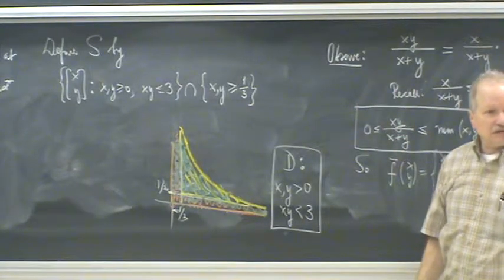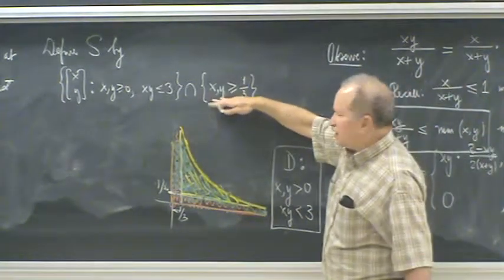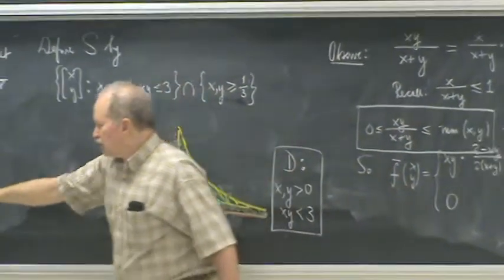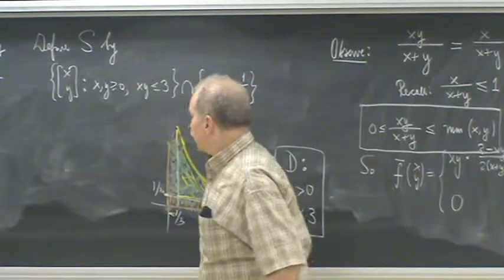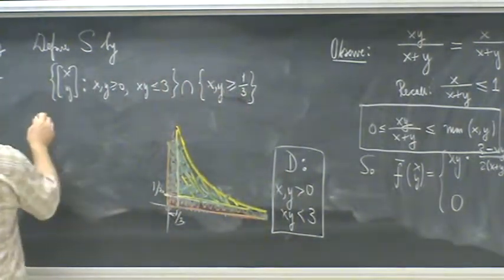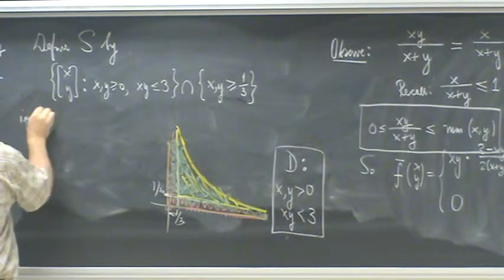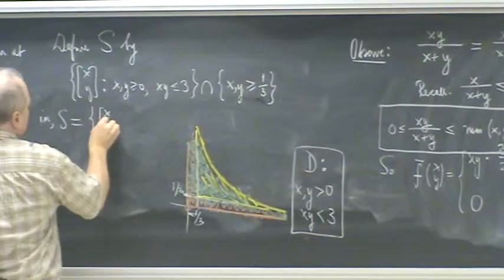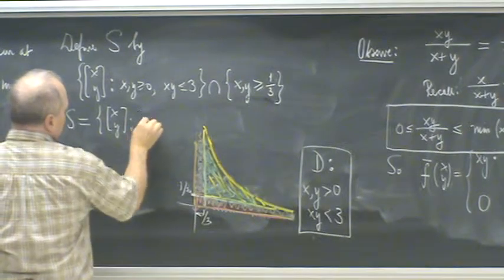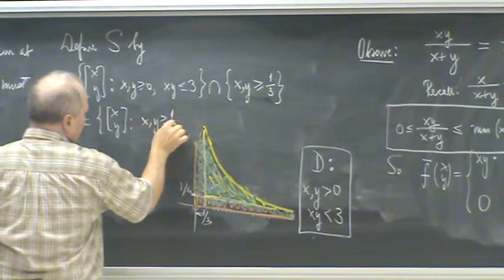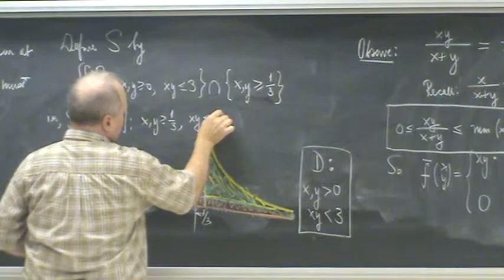Agreed? So if I'm outside this region, this estimate, similarly for y, shows the function is smaller out there. In other words, I have a little bit of redundancy here. I want x, y both at least a third, and their product less than or equal to 3.